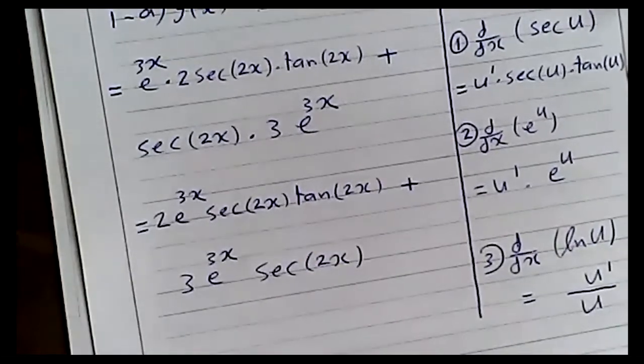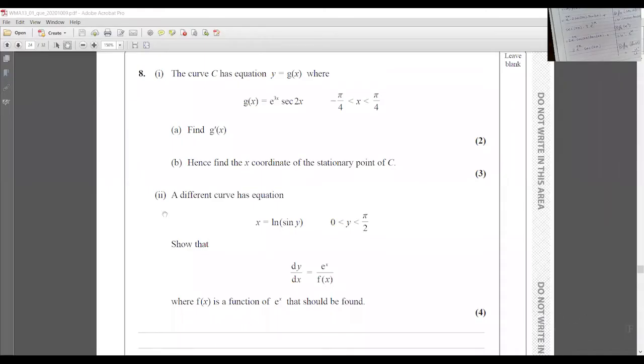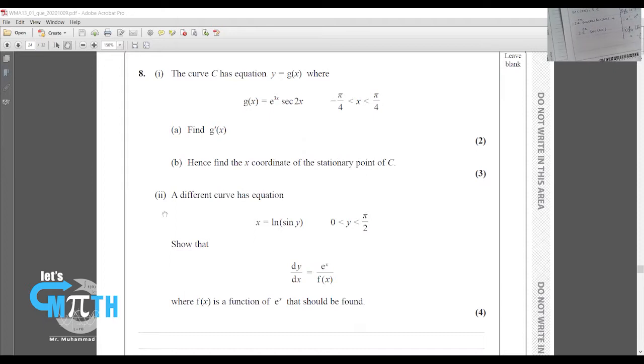The second part of the question is to find the x coordinate of the stationary points. Stationary points, as you surely know, are found by making the derivative that we have obtained in part A equal to 0.